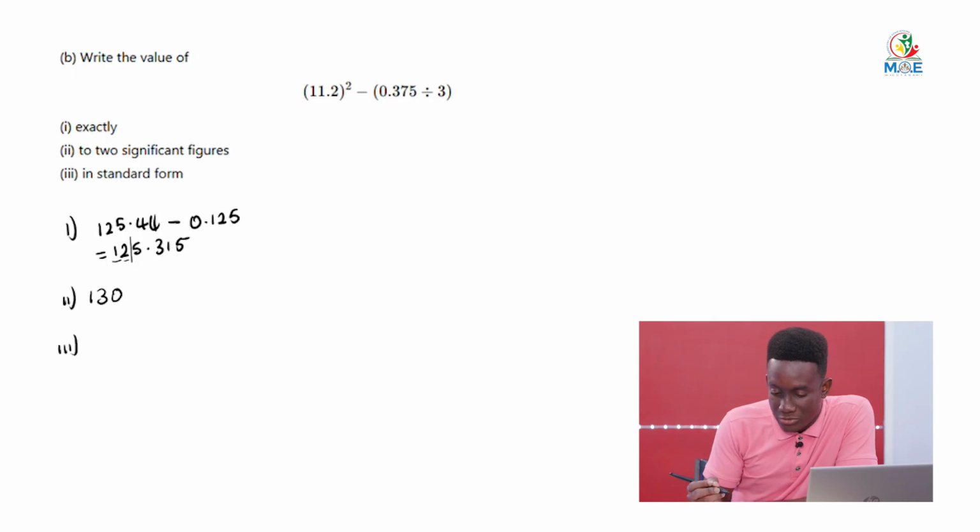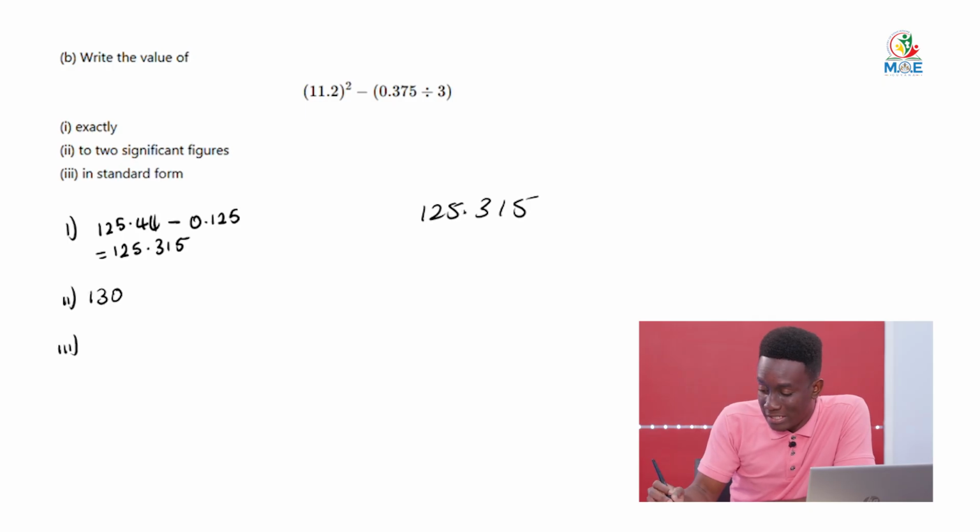And the next thing they ask us is to write it in standard form. So I'm thinking whether they want us to write this in standard form or this in standard form. So let's write this in standard form since that is the one we're talking about all the time. We have 125.315. So we want to move the decimal point to between the first 2 digits, to get a number greater than 1 but less than 10.